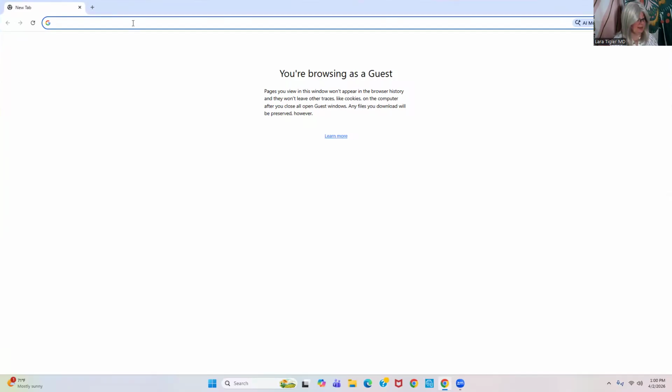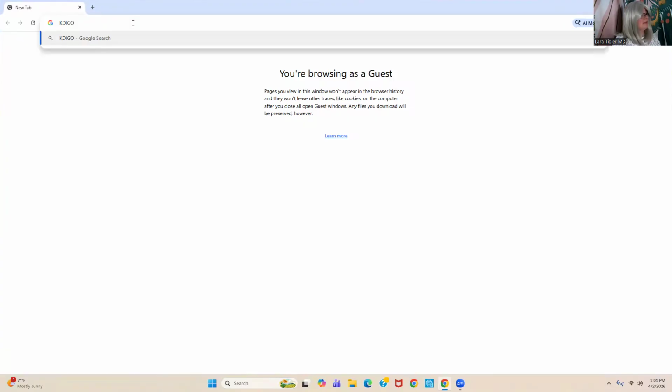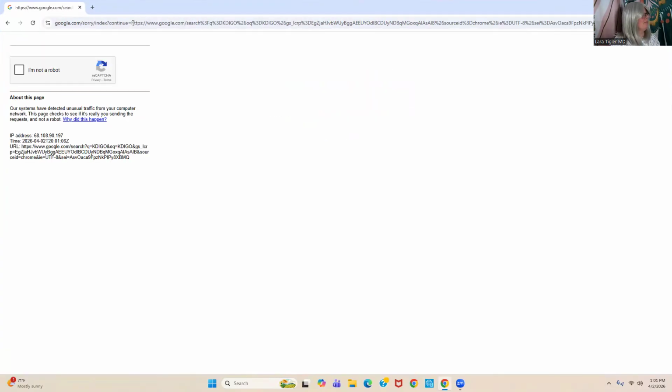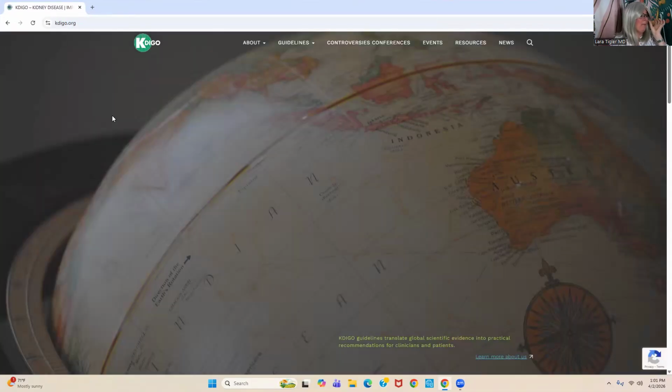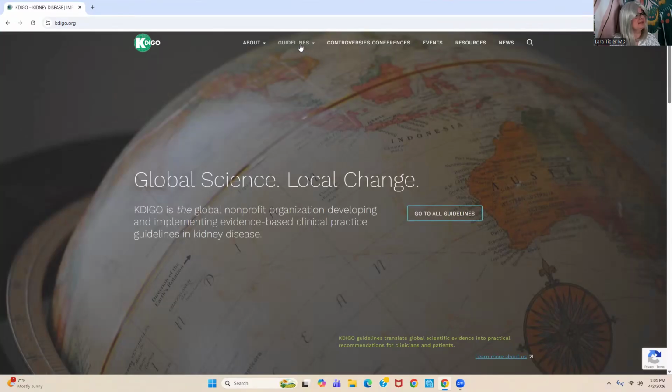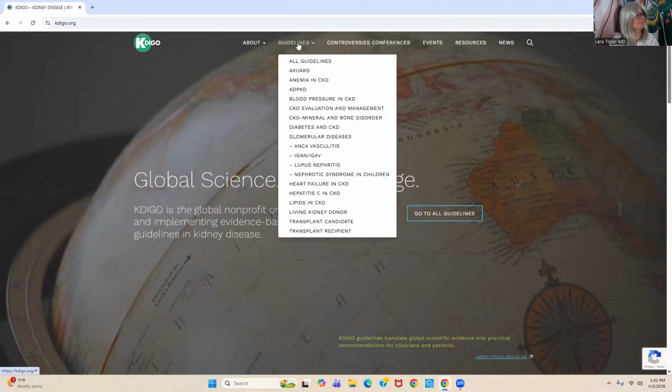So go ahead and type in KDIGO. That should be all you need to type in. And then go ahead and click on the website. At the very top, you'll see that it says guidelines. Now they are going to come out with new guidelines. It'll be 2025, 2026, so that should come out any day.